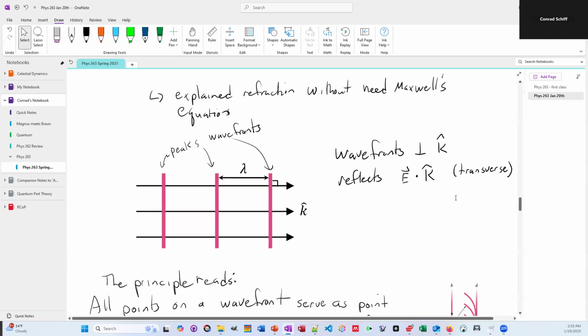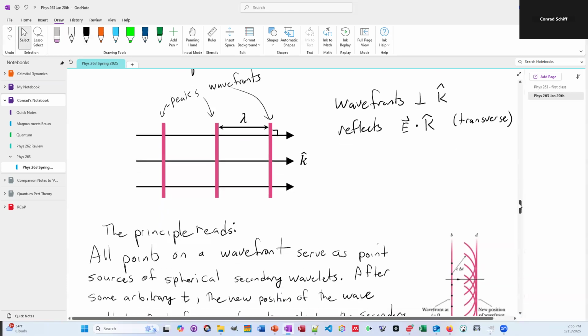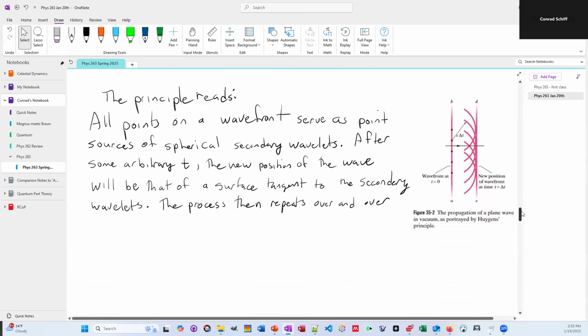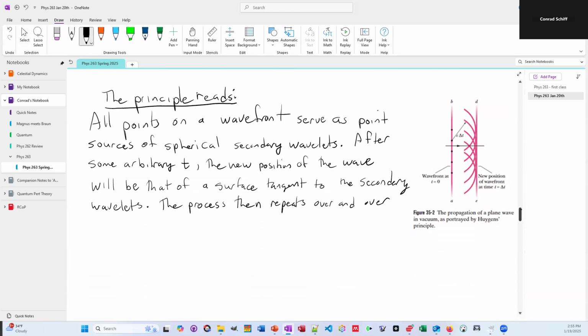All right. Now, Huygens principle reads as follows, and I've included a figure from your book. The principle reads, all points on a wavefront, that is to say that vertical magenta bar that we were looking at just above, all points on a wavefront serve as point sources of spherical secondary wavelets.